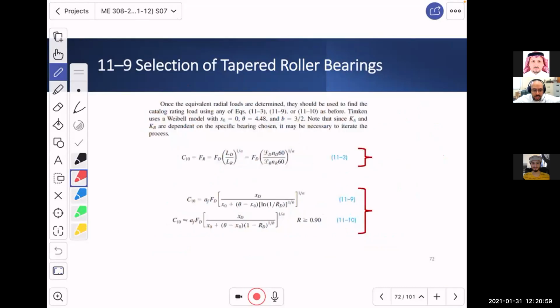Now, how do we pick a bearing? Well, if you recall from the long discussion with roller bearing and ball bearing, we came up with two equations in reality. The first one is a catalog number C10, for 10th percentile, which is 90% reliability. Let's say you are satisfied with 10th percentile and 90% reliability, and that's it.